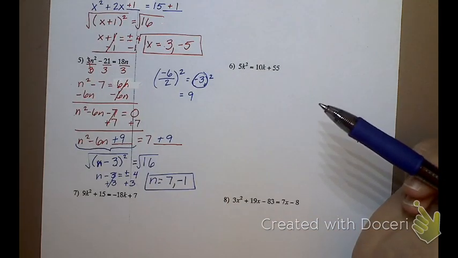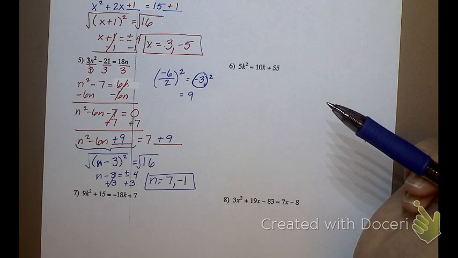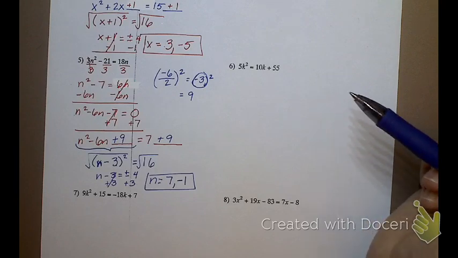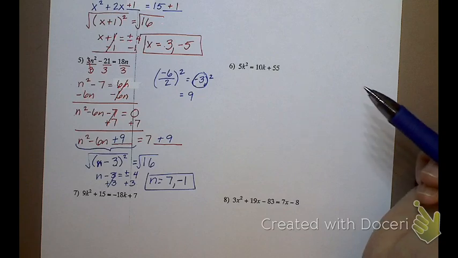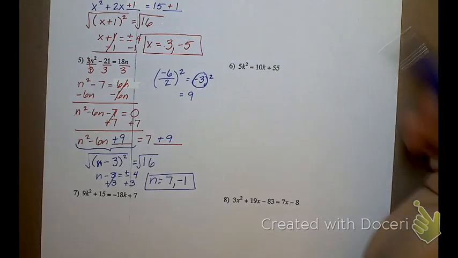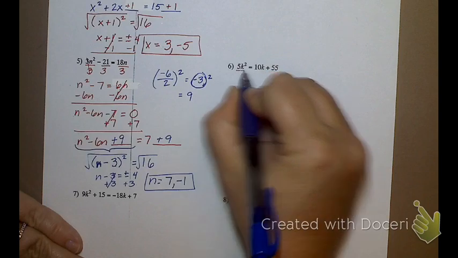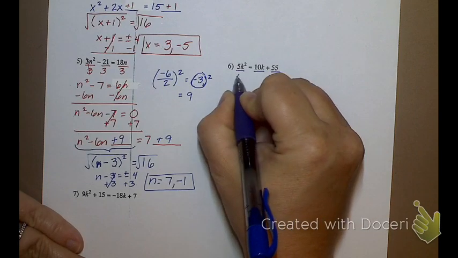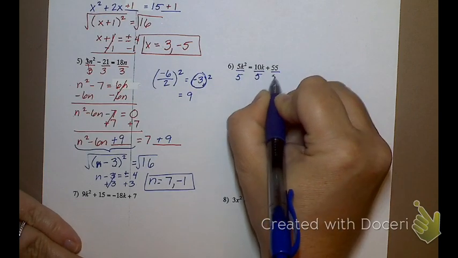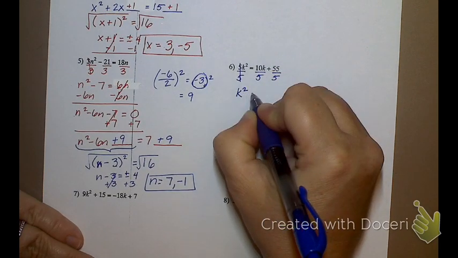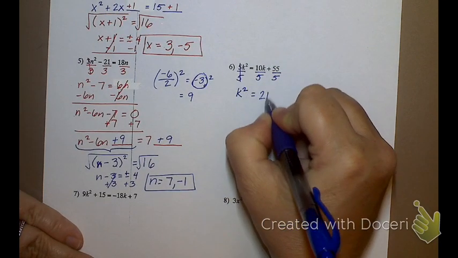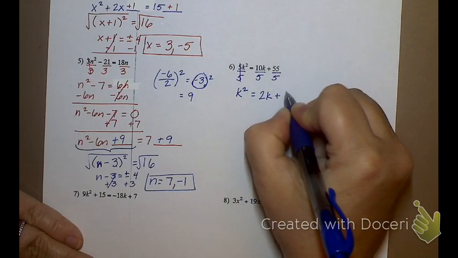Factor. All right, which other one can I divide by 3? Or not by 3 necessarily, but divide by something to get that a value of 1. What can I divide everything by? Okay. So this gives me k squared equals 2k plus 11.